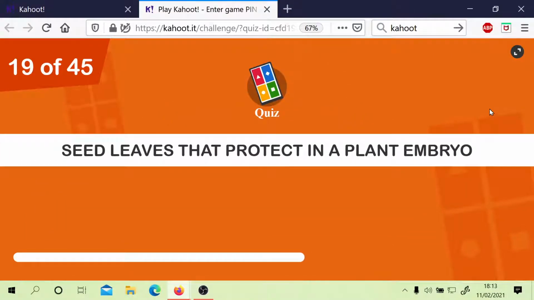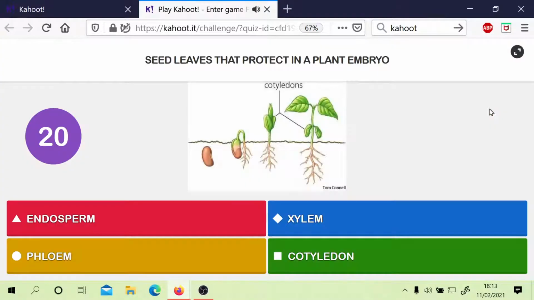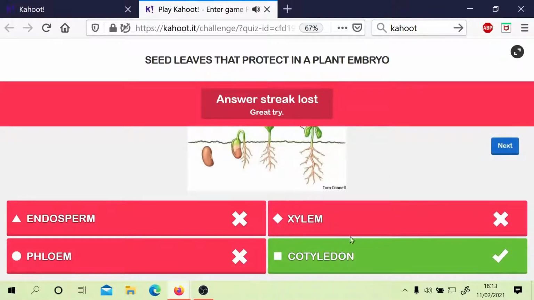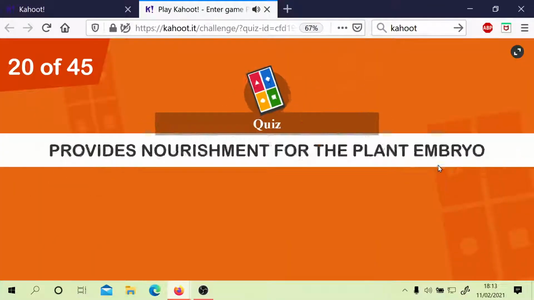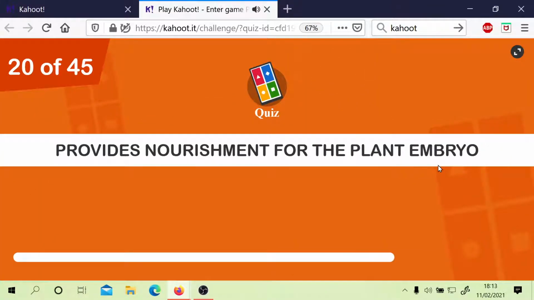Okay. Seed leaves that protect in a plant embryo. So it's not, this is transport, this is transport. You would think it's this, right? Damn it. That's the root.